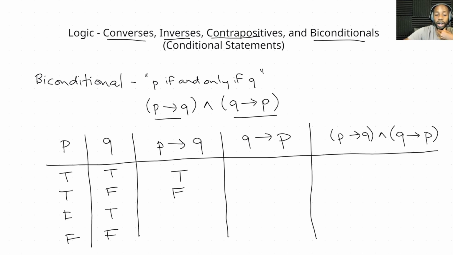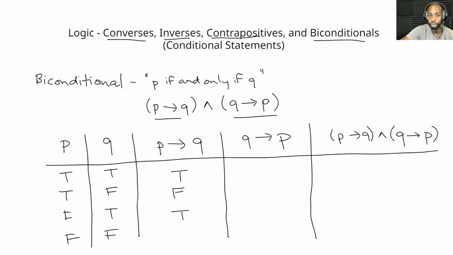If P is false and Q is true, the conditional, if P then Q: if P does not happen, then Q happens. This could be true, because even though P happening makes Q happen, that is not necessarily the only situation under which Q can happen.